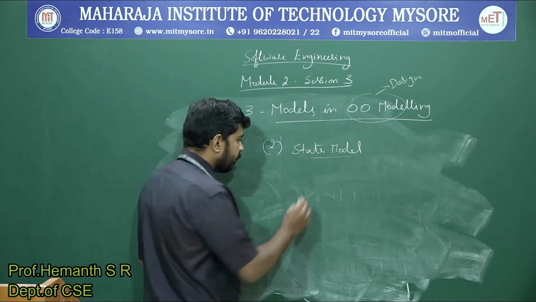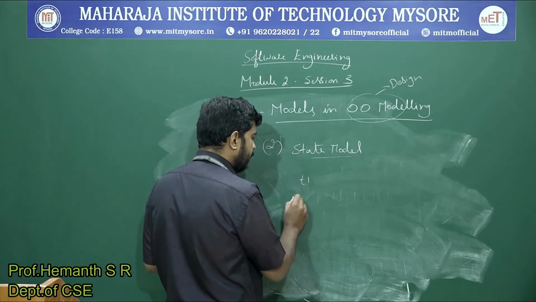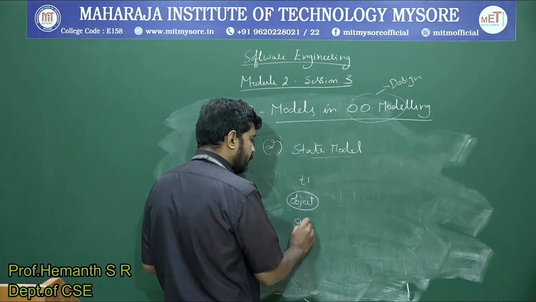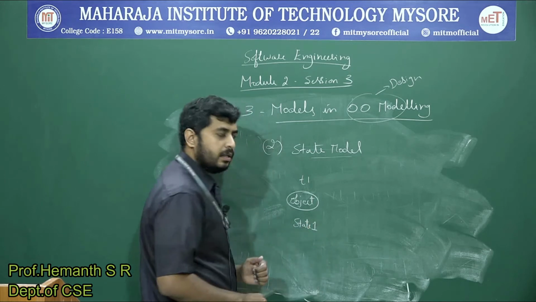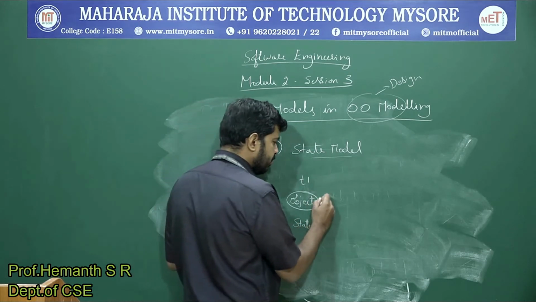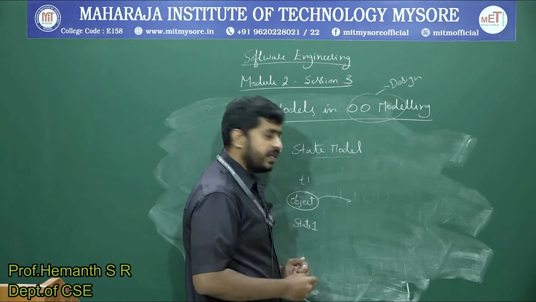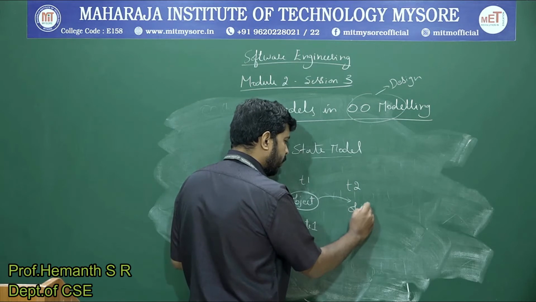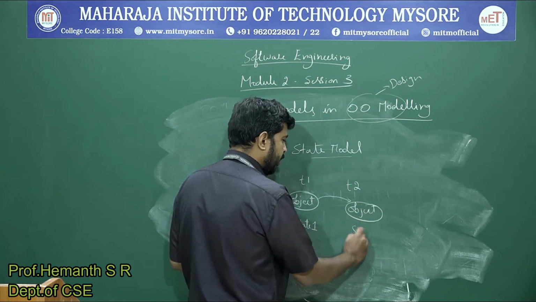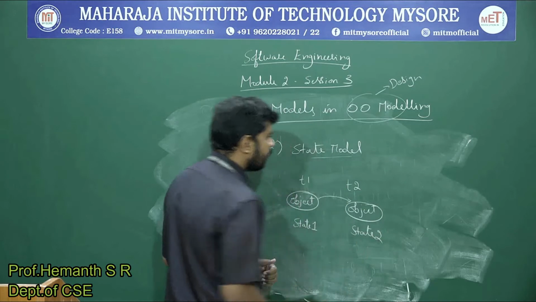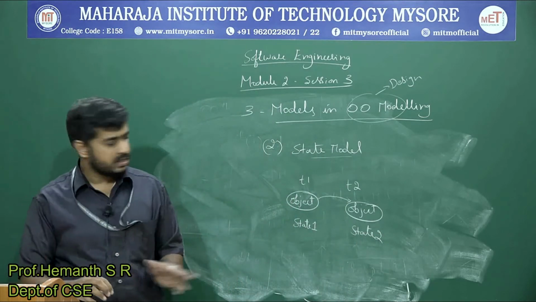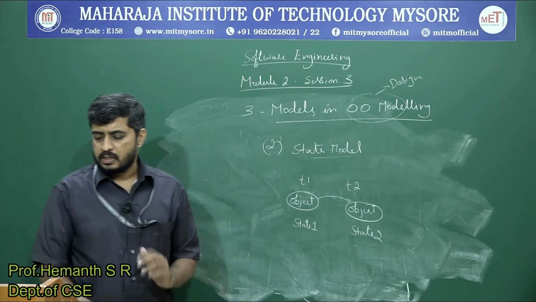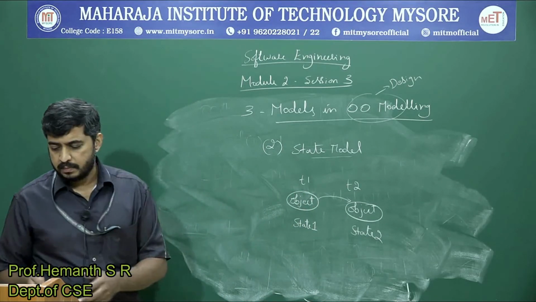For example, at a time t1, okay, the object was in state 1. Maybe because of an interrupt or because of an event, at a time t2, the same object went into a different state, state 2. I'll mark it as state 2. Okay. So at different time periods, the object is entering into different states. So this is depicted using the state model.